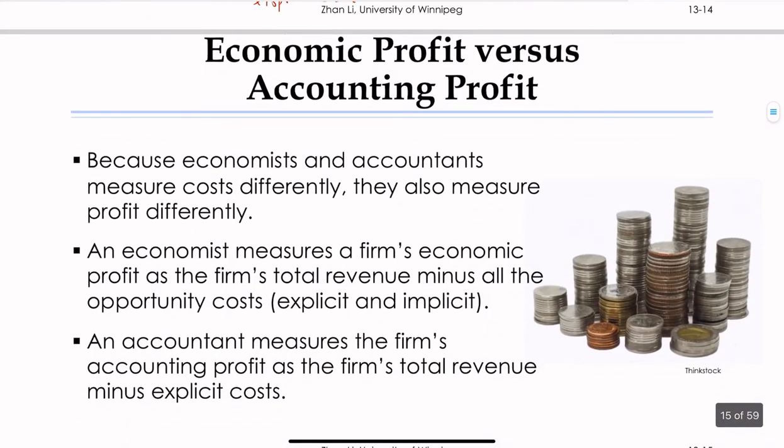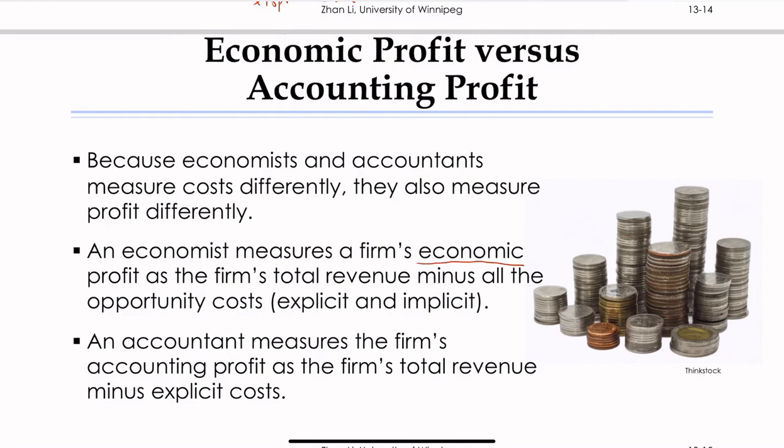So you can see that because economists and accountants measure costs differently, they will actually measure profit differently. What is the definition of profit from an economist's perspective? Well, an economist will measure a firm's economic profit.